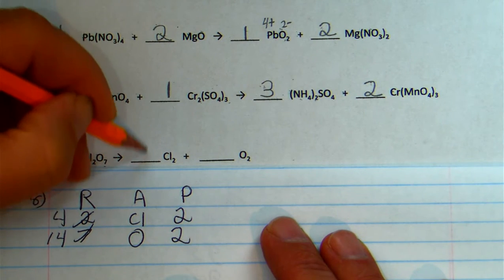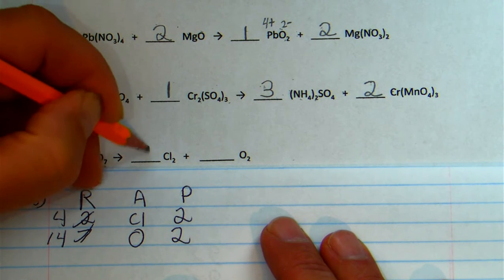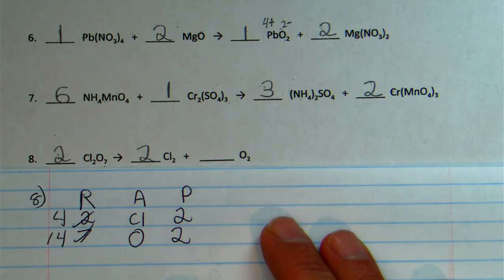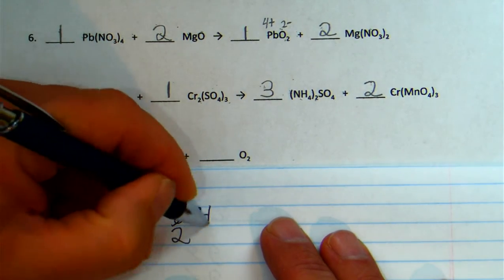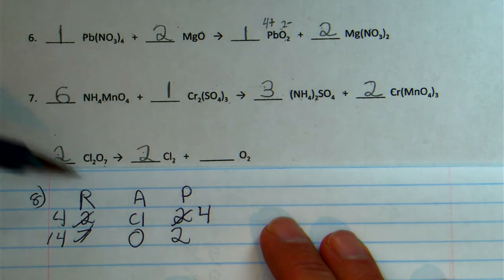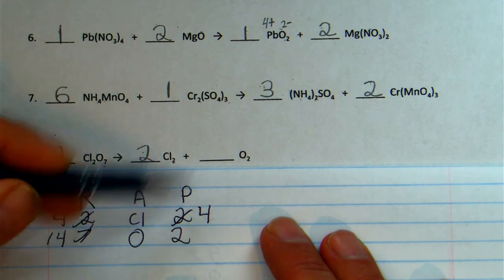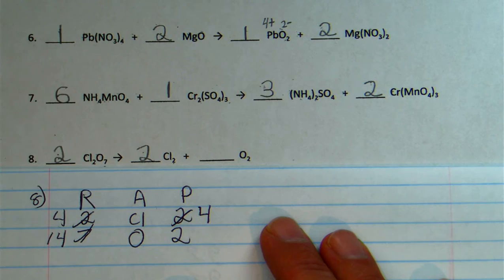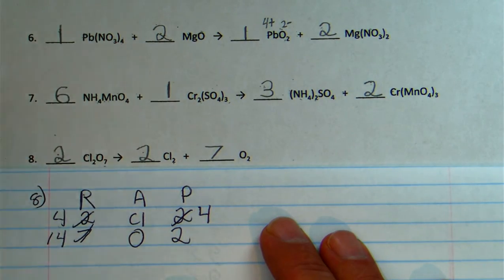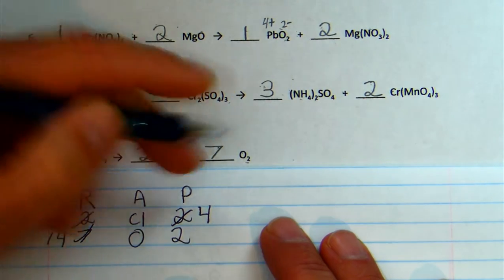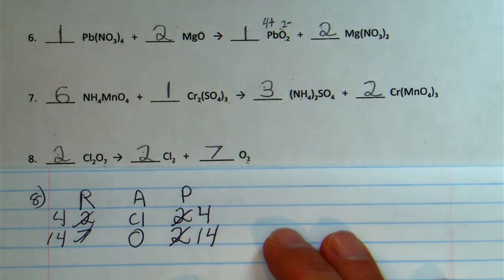So I'm going to increase the coefficient from 1 to 2. Updating my rap sheet, 2 times 2 is 4 chlorines on the right. Now I need 14 oxygens on the right. Very conveniently, try 7 as the coefficient. 7 times 2 gives me 14 oxygens on the right.